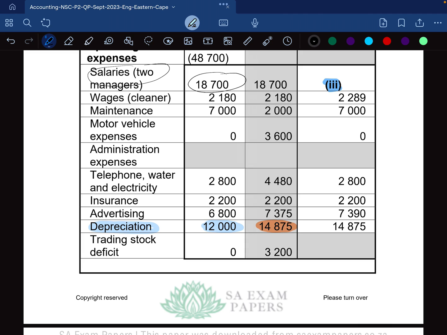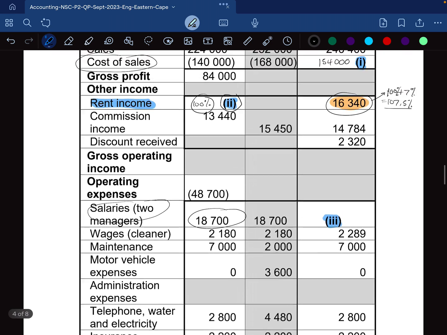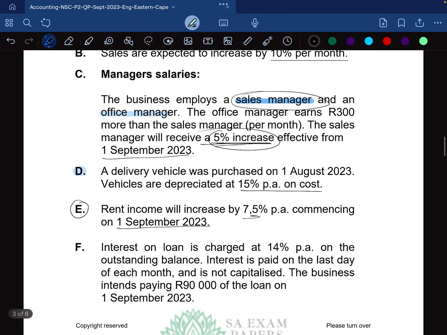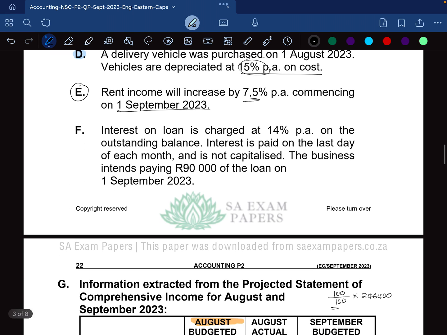Okay, so now we need to either determine the difference between the previous cost prices, but we cannot necessarily do that because we're not given the cost prices. But you can do it with the depreciation rate, since we were given that it is 15% per annum. Okay, but remember, we are looking at months and not years. So whatever amount we calculate, we would then most definitely need to divide it by 12.